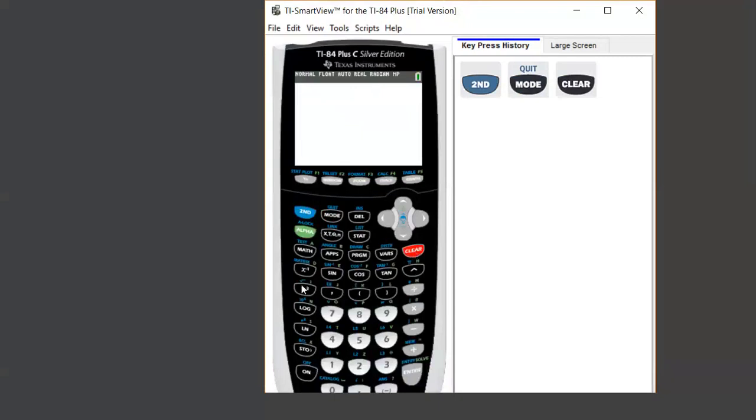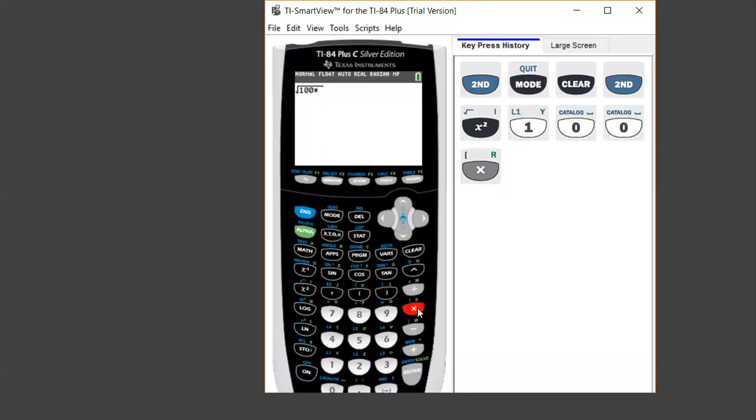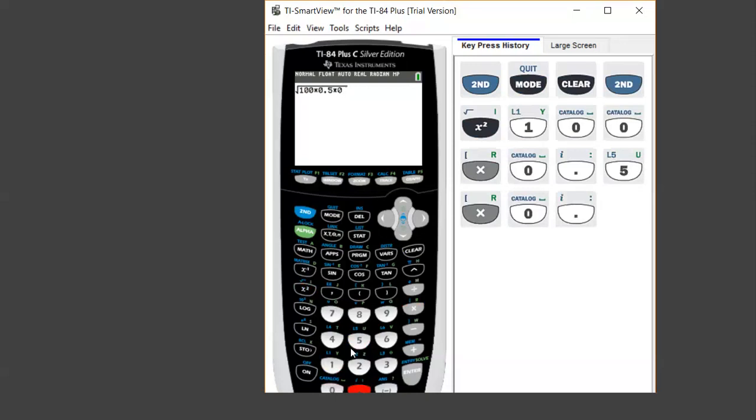So you can see the square root button here. It's on the same button as x squared, but it's blue. So I hit my blue button and then x squared to give me the square root. And then I just go ahead and I type in 100, times 0.5, times 0.5.